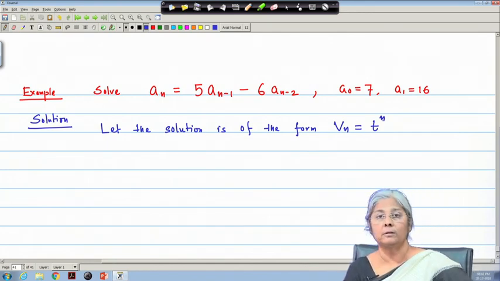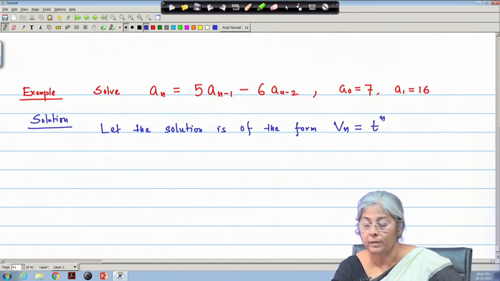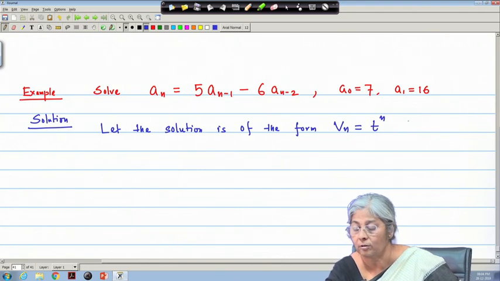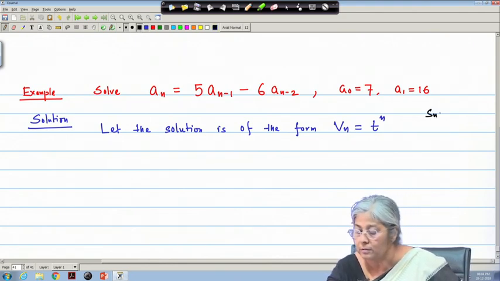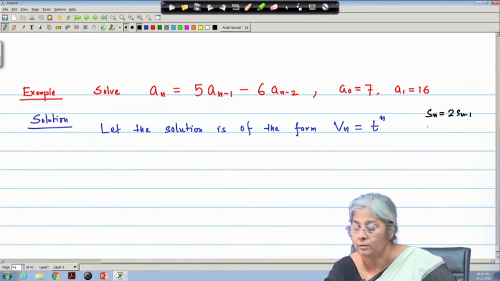If we remember the recurrence relation S_n equal to 2 S_{n-1}, we got the solution S_n equal to 2 to the power n.